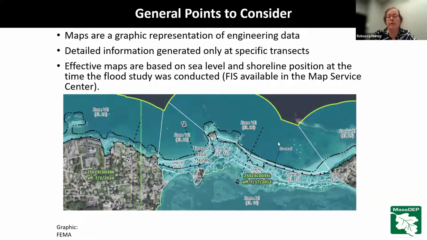Just as an example, there were some recent updates to some of the coastal counties but there was no new coastal analysis done. It was all inland new analysis. And so you would have to look at when that coastal analysis was done to know when that original wave study was done, and what shoreline position and how long ago that was. So those are just some general things to consider with FEMA flood maps. Next.